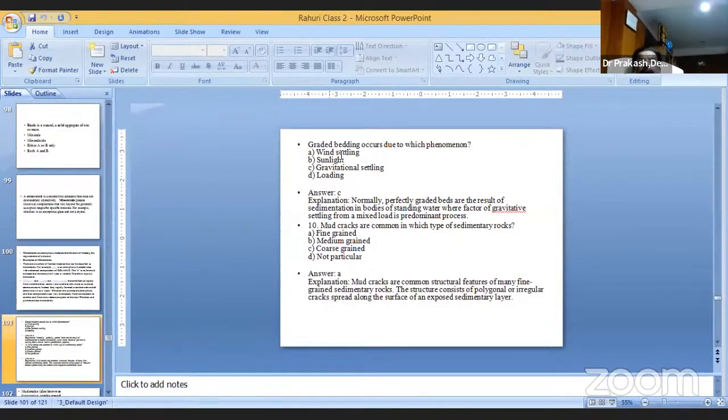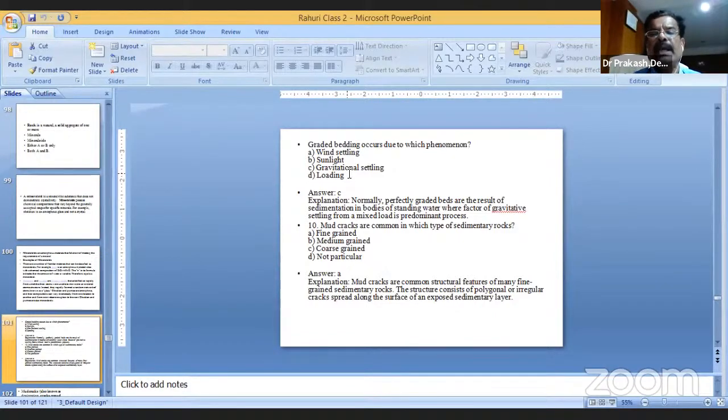Okay. Graded bedding occurs due to which phenomenon? Wind, settling, sunlight, gravitational settling, loading. It's gravitational settling; graded bedding happens. Suppose the sediment is loaded in water, for example sand, silt and clay.